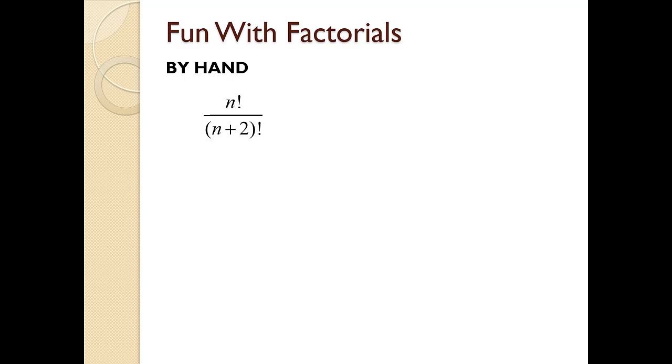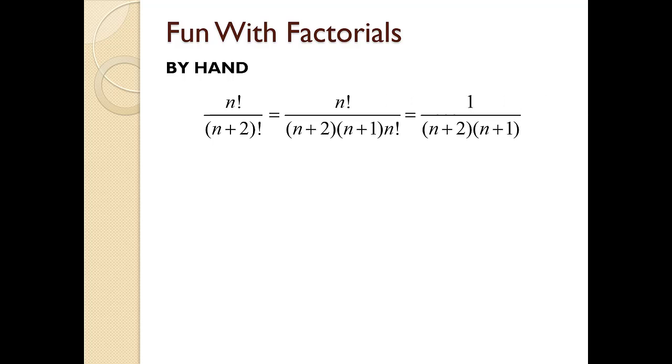The next integer below that is n minus 1 and so forth. But at some point, I want to write the rest of it as a factorial. Since the numerator is n factorial, I will write the denominator as n plus 2 times n plus 1 times the remaining integers I didn't mention, which is n factorial. That means we can cancel the n factorials, giving us the resulting fraction of 1 over n plus 2 times n plus 1.